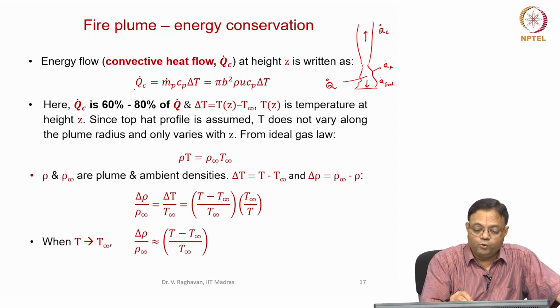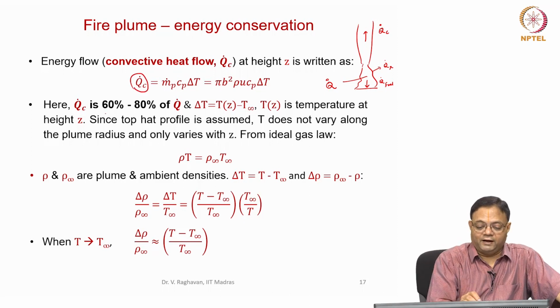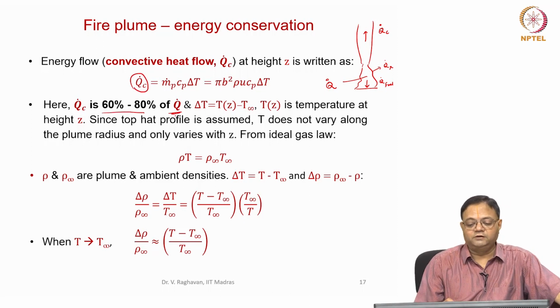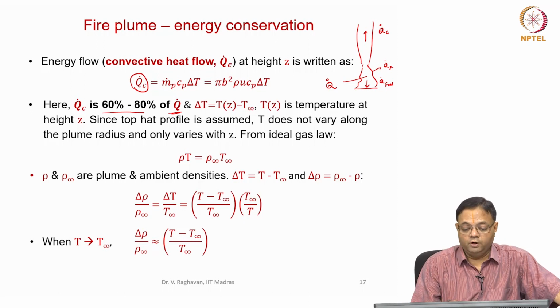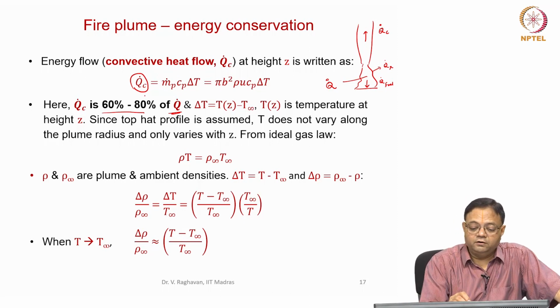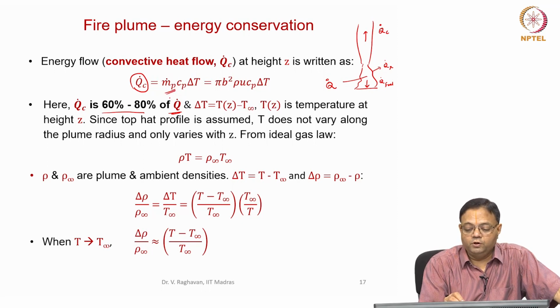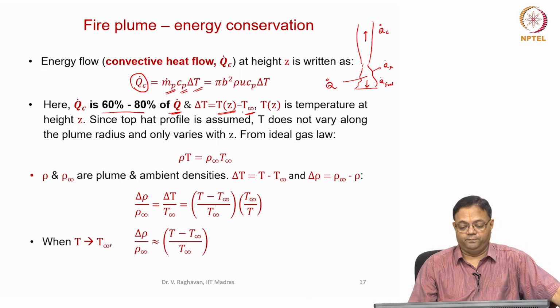So Q dot C can be taken as 60 to 80% of the heat generated Q in the flame. That Q dot C is called the convective heat flow, which is the mass flow rate of the plume, that is rho u pi b square, times the specific heat of the hot gases Cp, times delta T, which is nothing but T at any z minus T infinity.